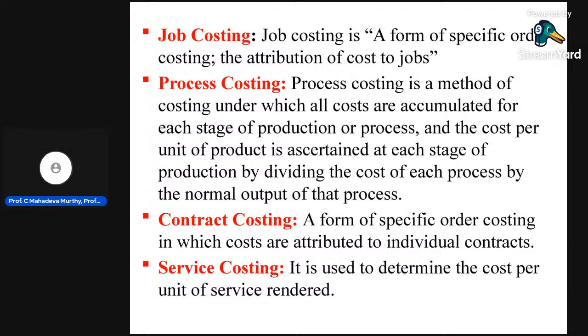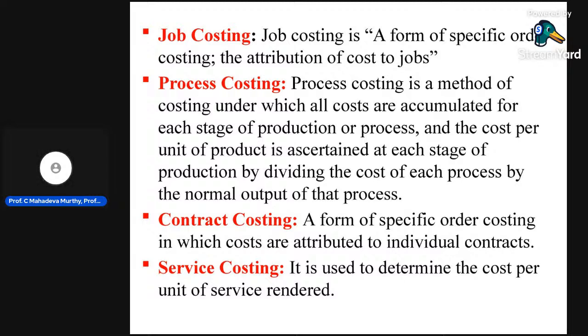Each process having its own cost. That tells about process costing and cost per unit per product at each stage of production, by dividing the cost of each process by the normal output of the process. For example, 10 stages if you go from raw material to finished goods. For the first stage, what is the cost of that?